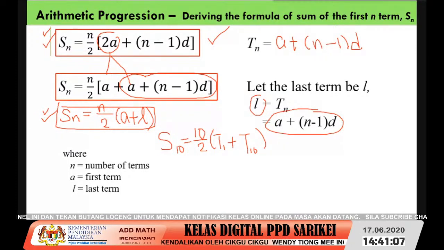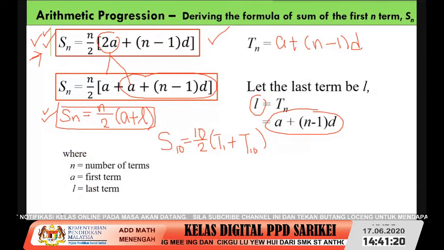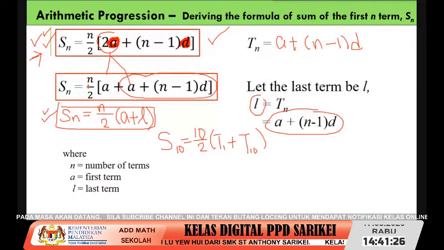Okay, mungkin you tanya, cikgu, mana satu lebih baik? Okay, this one is better. Why this one is better? Mengapa ini lebih baik? Ini asalkan kita tahu sebutan pertama dan beza sepunya. Asalkan kita tahu apa itu a, apakah itu d, we can find the sum of the first terms.